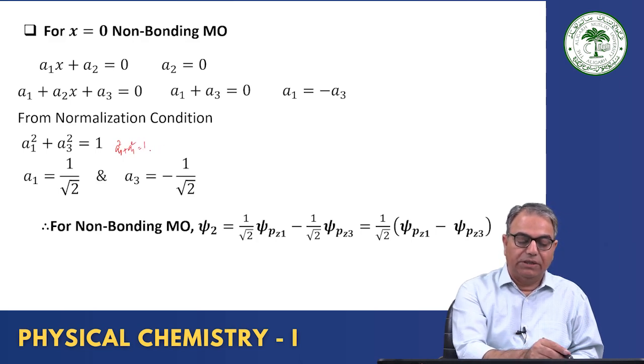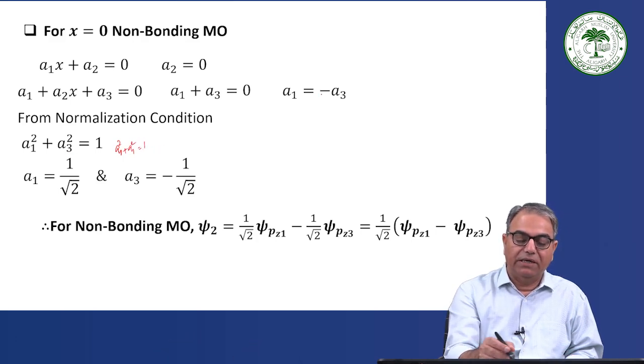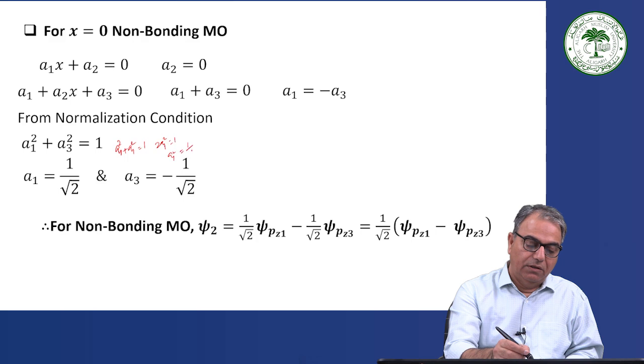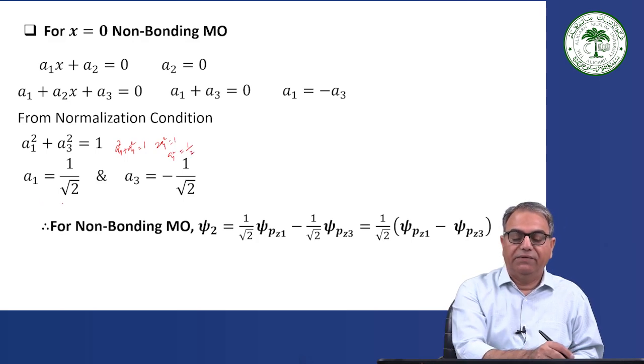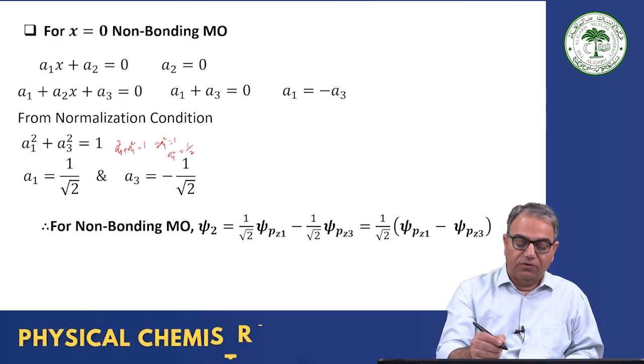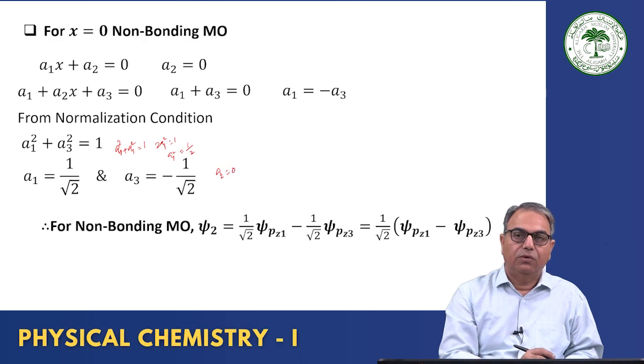Because a3 is the same, and if you square it, then the negative will become positive. So, you have 2 a1 square is equal to 1, and a1 square is equal to 1 by 2, and a1 will be 1 by root 2. And if a1 is 1 by root 2, then a3 is equal to minus 1 by root 2. So, you have the coefficients a1, a3 and a2 is equal to 0.